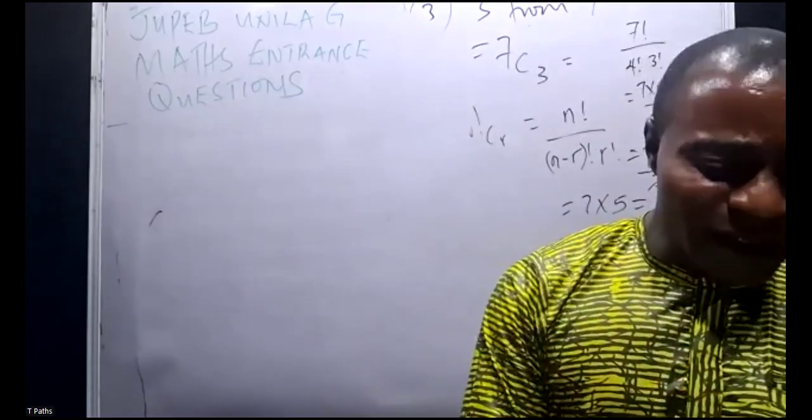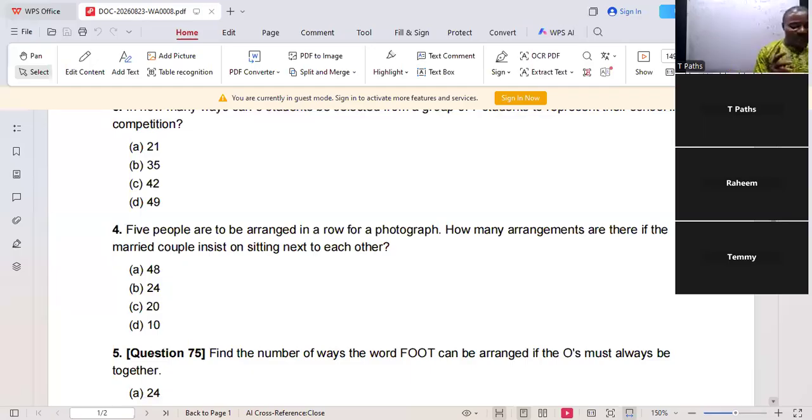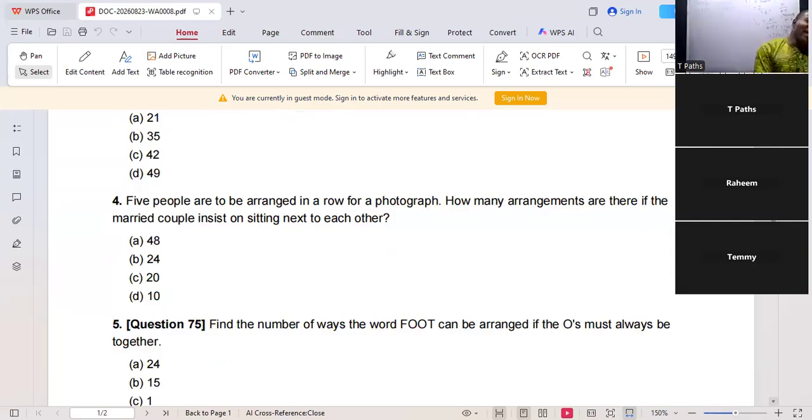How many arrangements are there if the married couple insist on sitting next to each other? What's the number of people there? We have 5 people there.